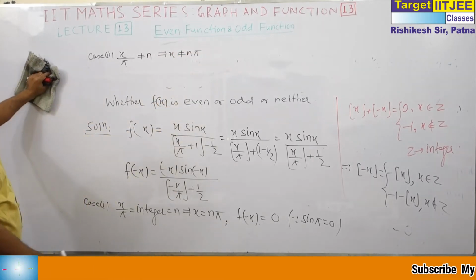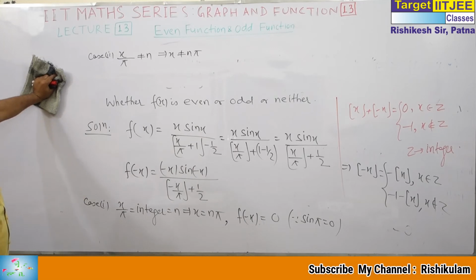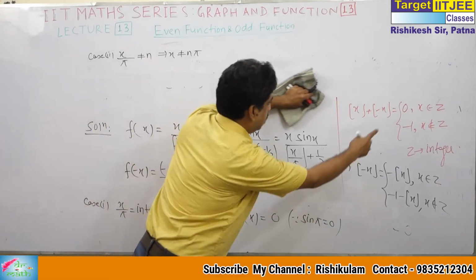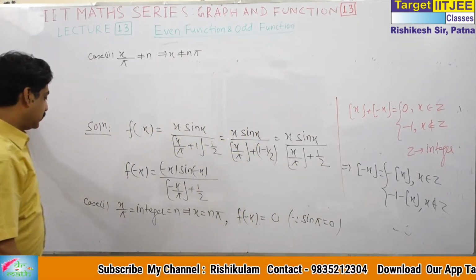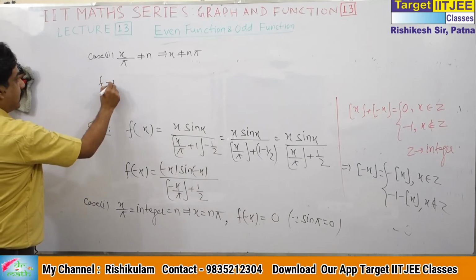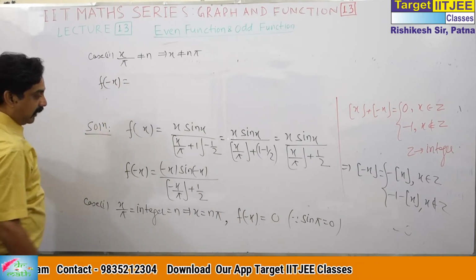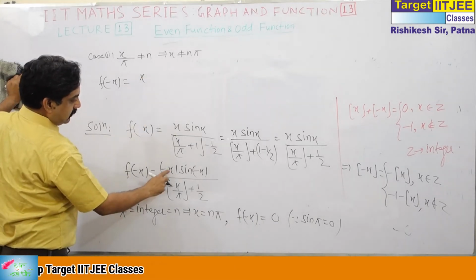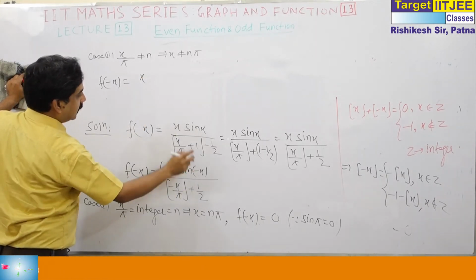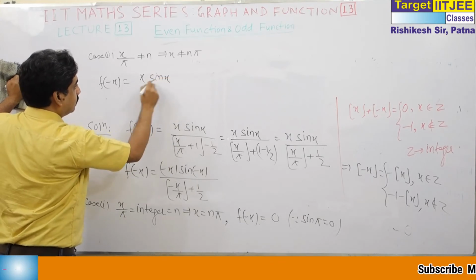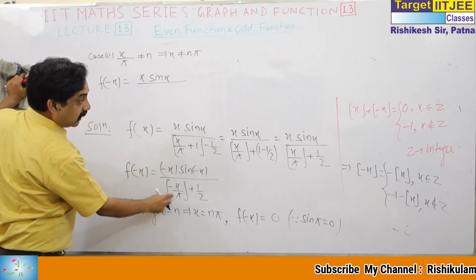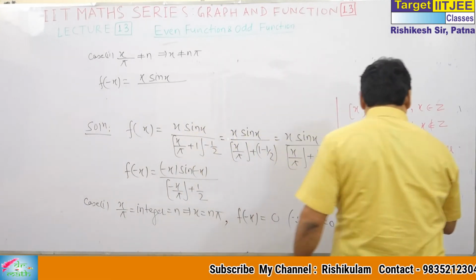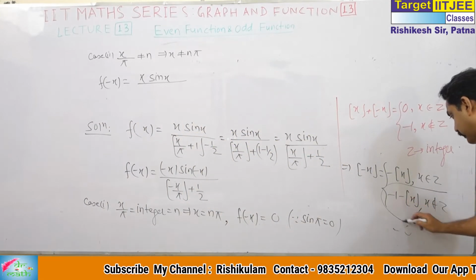For integer I have written n this time, and Z is the set of integers. In this case, what is f(minus x)? This becomes minus and minus, so plus x sin x.